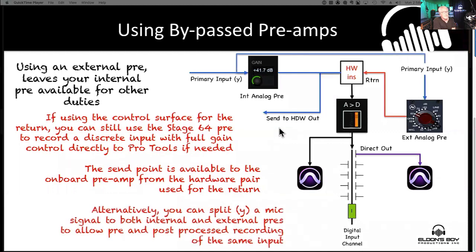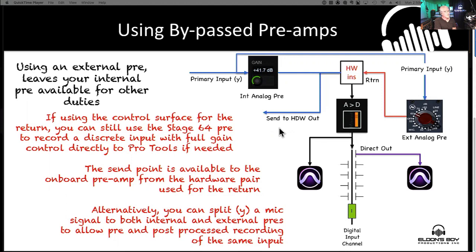And then alternatively, you might want to do this, because keep in mind, if we come in with an external pre on that insert return point, we've kind of sacrificed any true virtual sound check there. We can still kind of simulate virtual sound check, but we won't have any type of tracked gain between that external pre and the recording. We have to manually manage that at that point. But what you could do, certainly, is wire the same input to the stage rack and to the external pre.